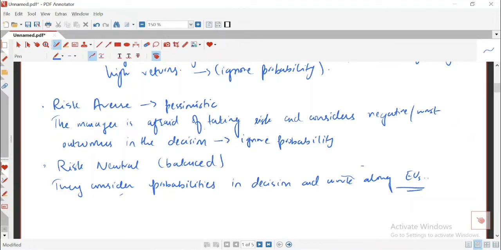Okay, एक चीज़ होती है इन रिस्क इन अनसर्टिनिटी, एक चीज़ होती है that we call it a payoff table.